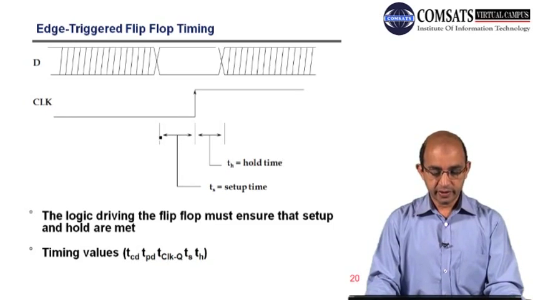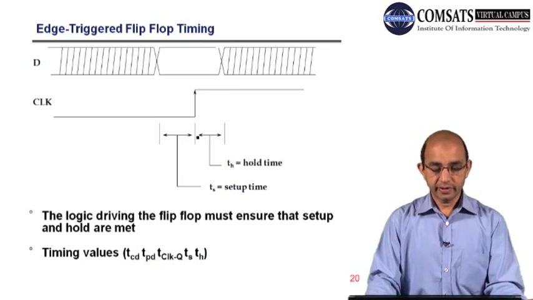So this is the setup time: you have to set up the device this much amount of time before. After the clock edge passes away, this being the rising edge that has now passed, you have to make sure that the input is valid till TH time.